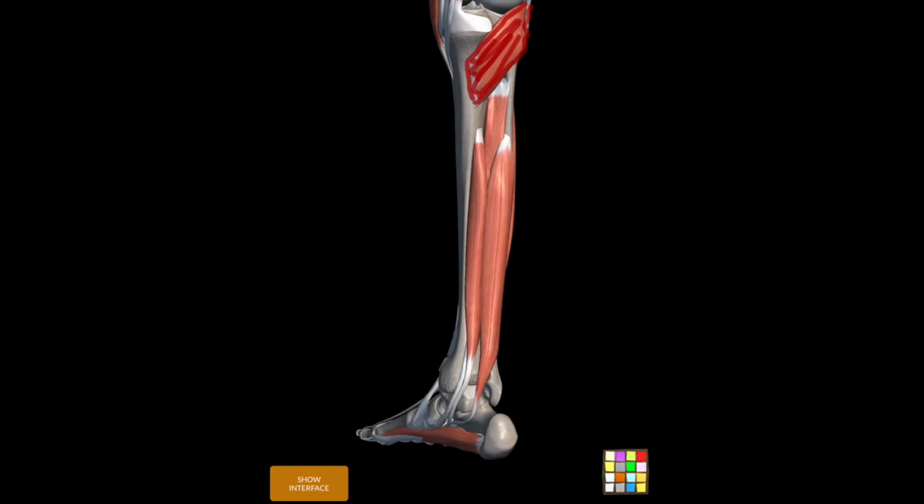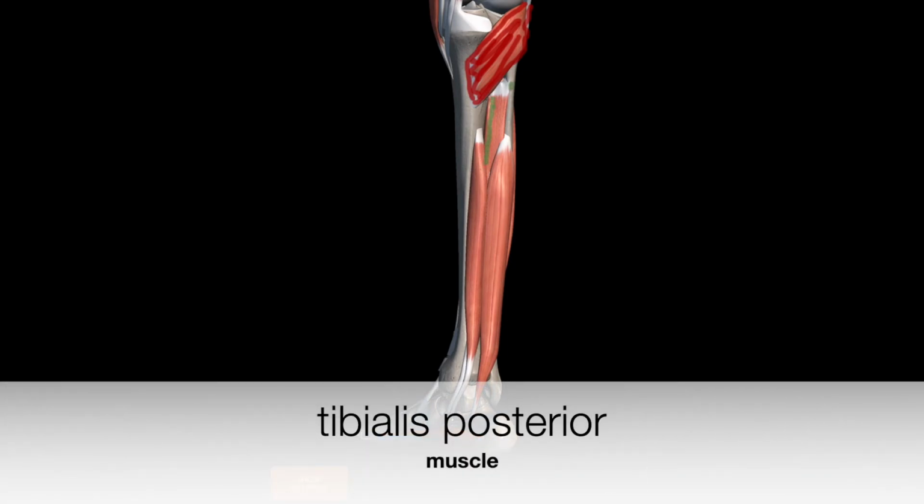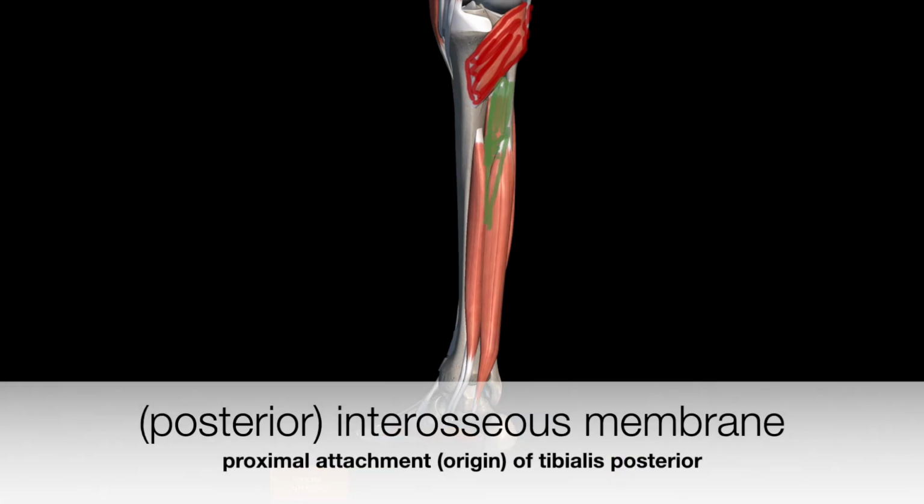The difference is that in the anterior compartment, the muscles were lined up in order from medial to lateral so that their tendons did not have to cross. In the posterior compartment here, the muscles have become jumbled up so that tibialis posterior is the more central and most deep of the three, with its proximal attachment over a large part of the interosseous membrane.